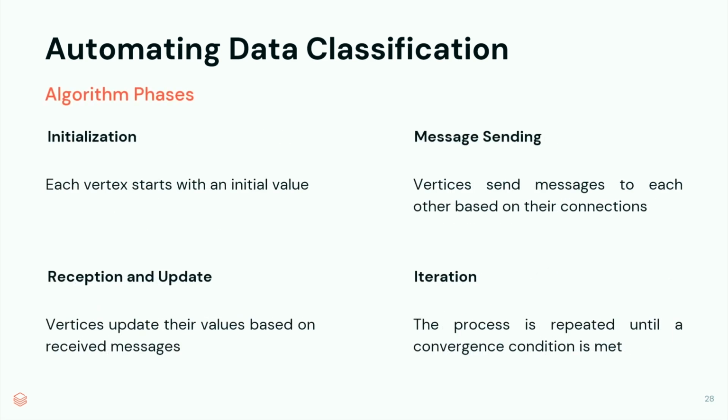The Pregel algorithm has some phases, like the initialization, where each vertex starts with an initial value, and then they receive and update the vertex message. Then they send the message to the next neighbors, and then the iteration is repeated until a convergence condition is met.